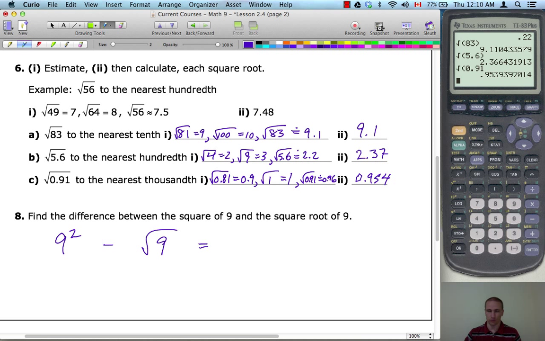So you could describe the difference in words, but that's not really what we're supposed to be doing here. Difference in math, again, means subtract. So 9 squared is 81. The square root of 9 is 3. And so the difference here is 78. That's it.